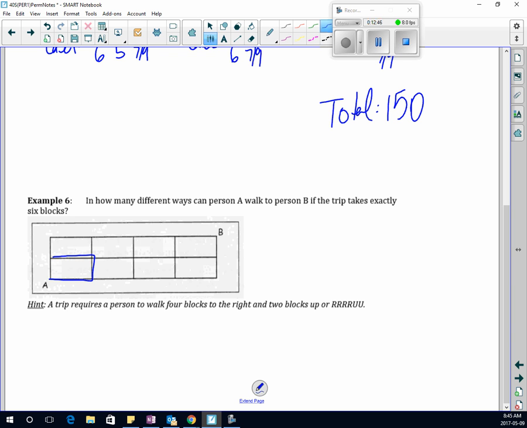Actually, they're doing rights and ups. There's no way you could get here if you don't go 4 rights and 2 ups. Does everybody see that? In order to get it in 6 blocks. There's no other way except you can go up, up, and then right 4, or you can go up, right, right, up. There's a bunch of different alterations, but it's essentially 4 rights and 2 ups. That's the only way you can do it in 6 blocks, right?